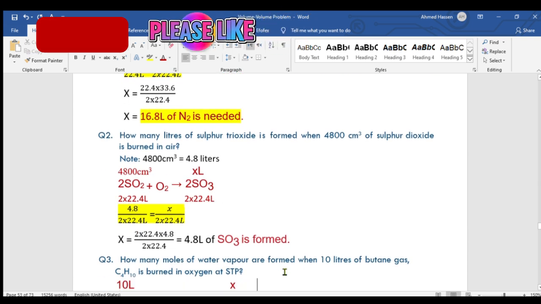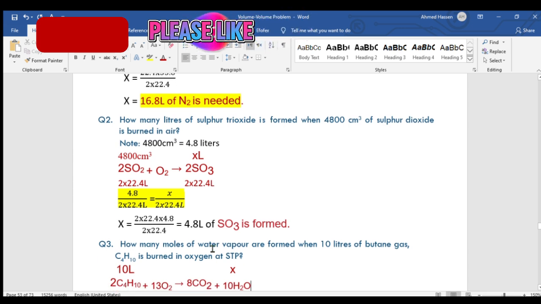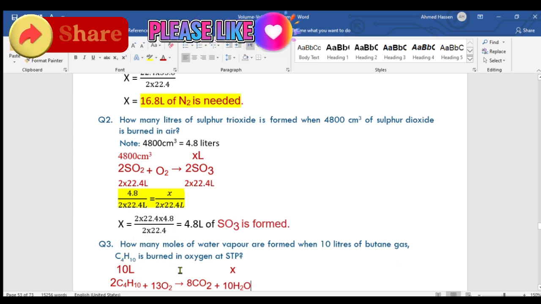Question number 3: how many moles of water vapor are formed when 10 liters of butane gas, C4H10, is burnt in oxygen at standard temperature and pressure? You put 10 liters above butane, which is given, and X above water.